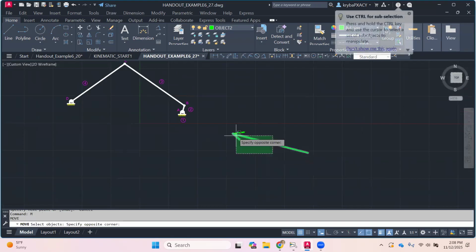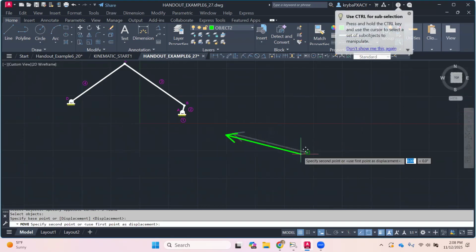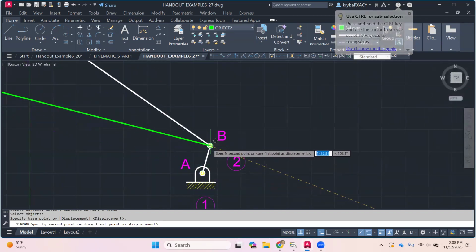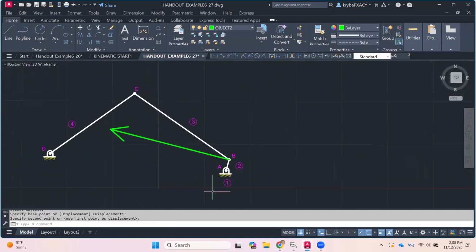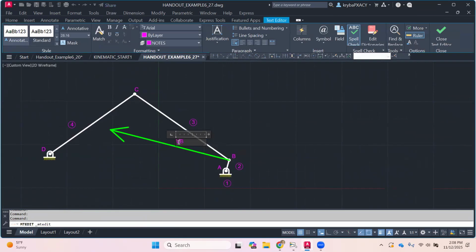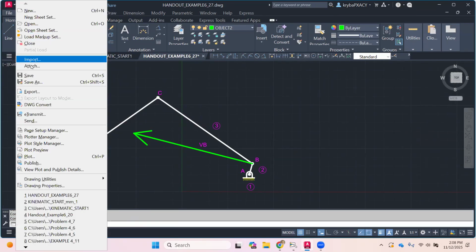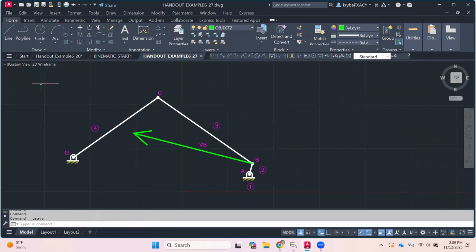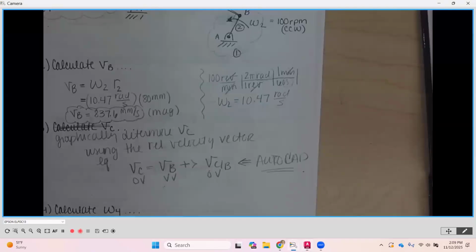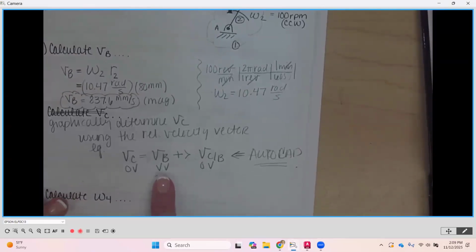And I'm going to move this to be at the center of B. And then I'm going to label this the velocity of B. So that's my first vector, vector VB, we know both magnitude and direction. Click save. So we've got velocity of B done.